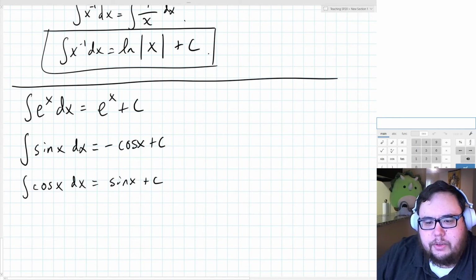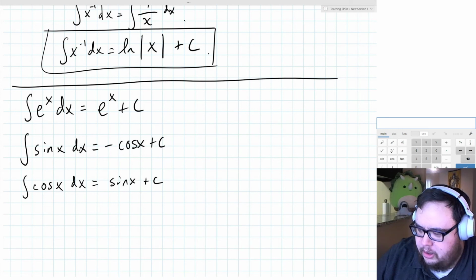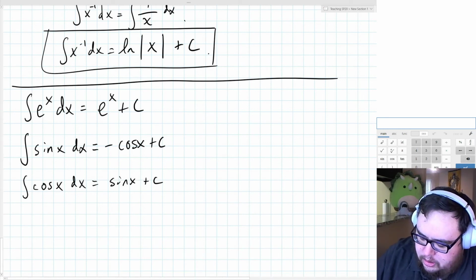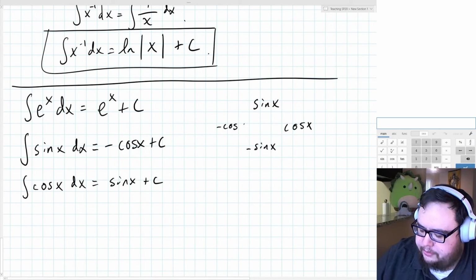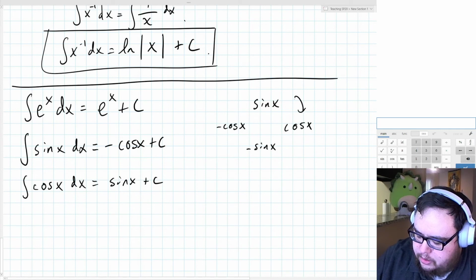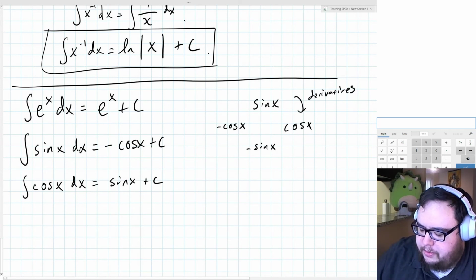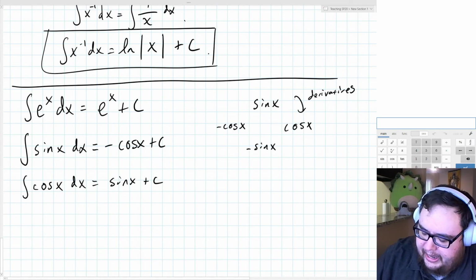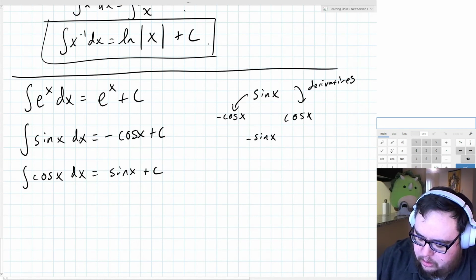My favorite way of dealing with this is by doing my trigonometric integral clock. So sine x, cosine x, negative sine x, negative cosine x. All right. So derivatives go clockwise. The derivative of sine of x is cosine of x. The derivative of cosine of x is negative sine of x, etc. And antiderivatives go counterclockwise.